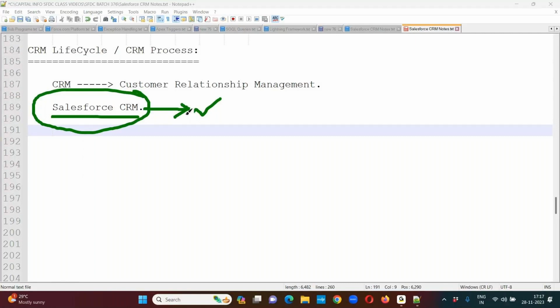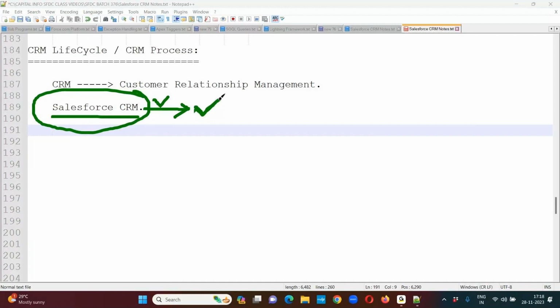Like our Gmail application, we just use the browser, access the login screen, enter your credentials, log in to the application, and start performing whatever operations you want. In a similar fashion, we can access Salesforce CRM with just a browser and internet access in order to store all your sales related data, service related data, and marketing related data.